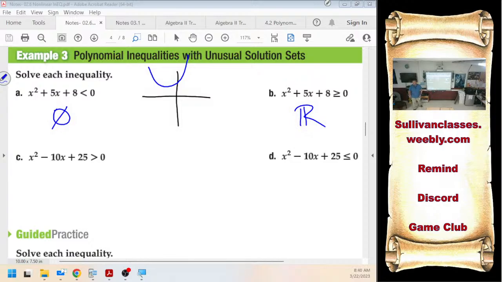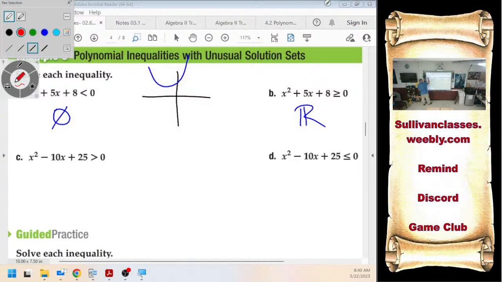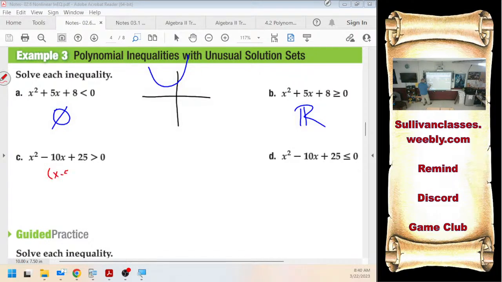C and D are special. Do you recognize? Look at the numbers. Perfect square trinomial. This is the quantity x minus 5 squared.